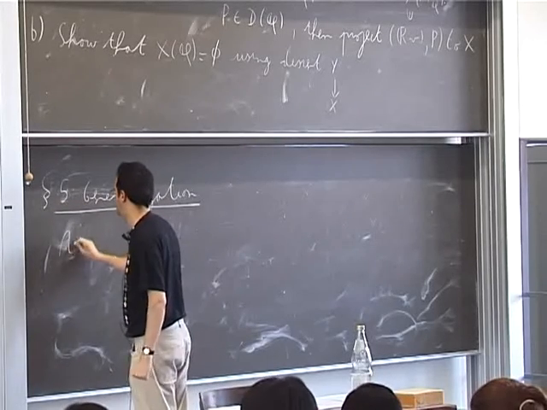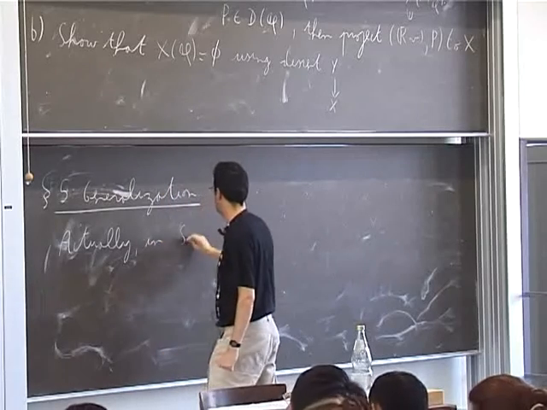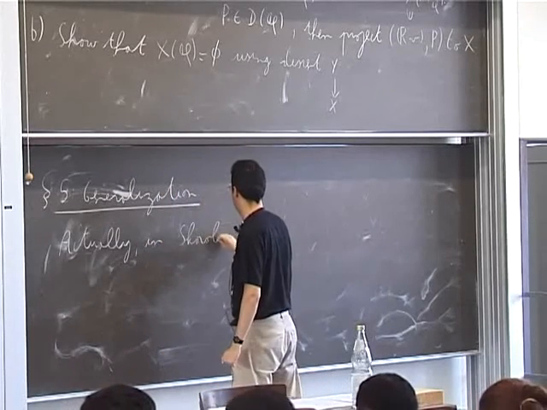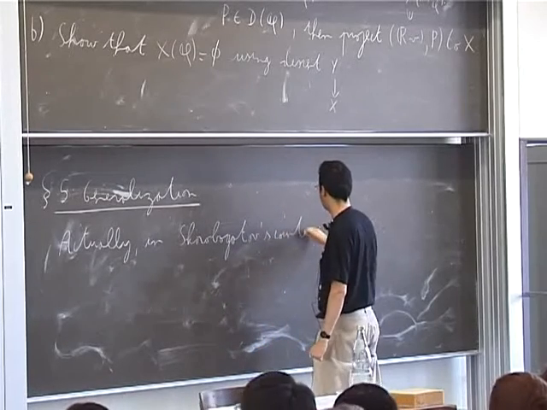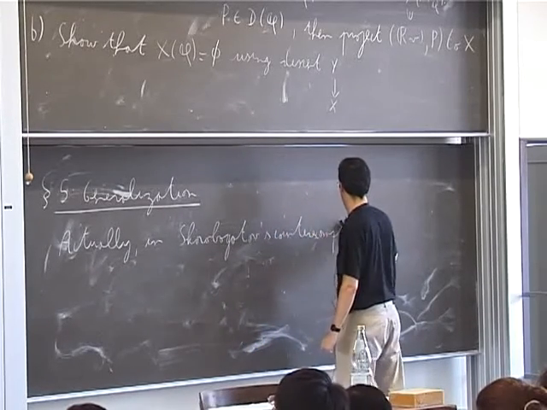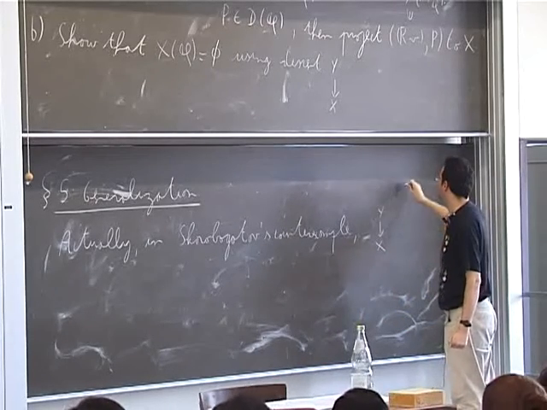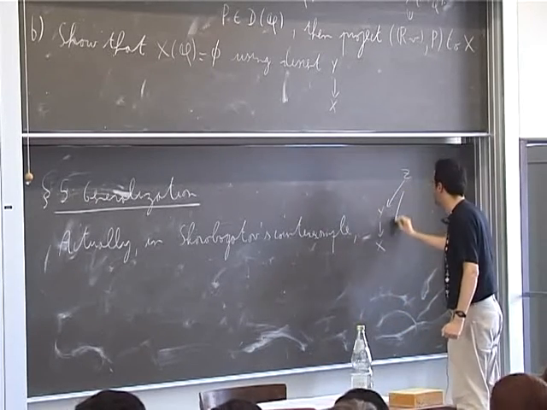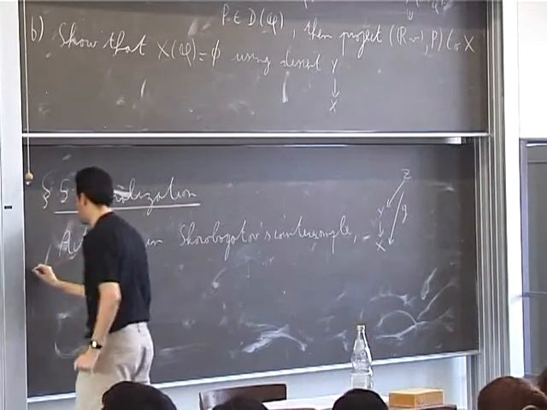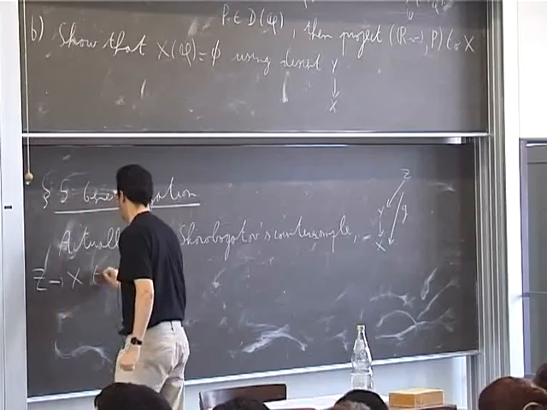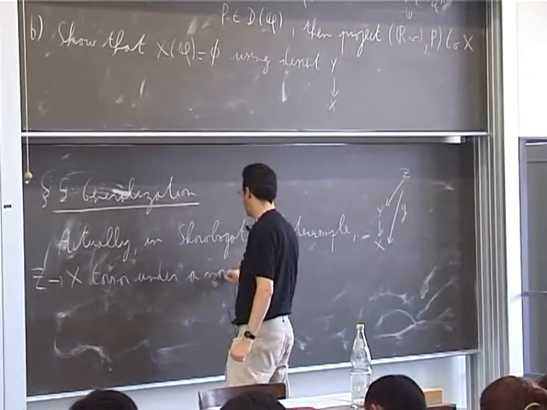In Skorobogatov's counterexample, what happens is that you have your X, you have your Y, and you have some other Z here with a G. So Z goes to X is a torsor under a non-abelian finite group.